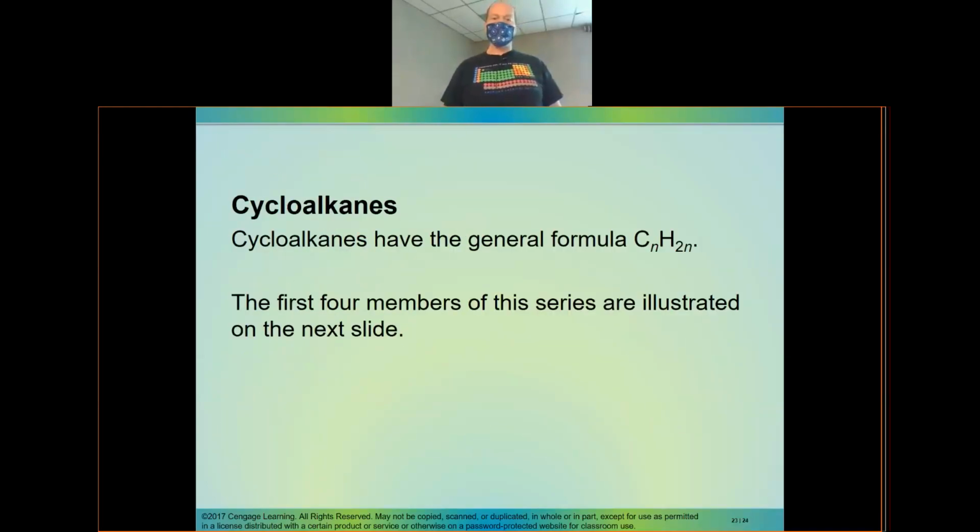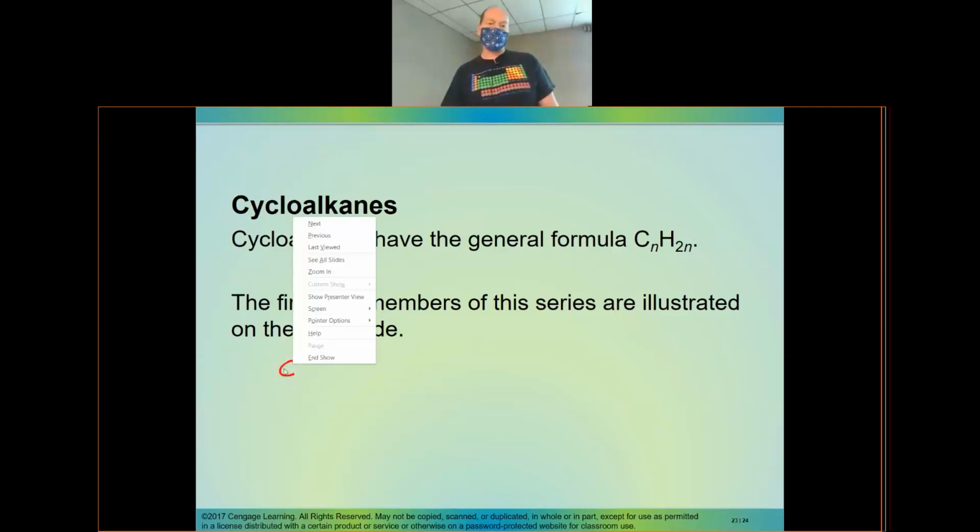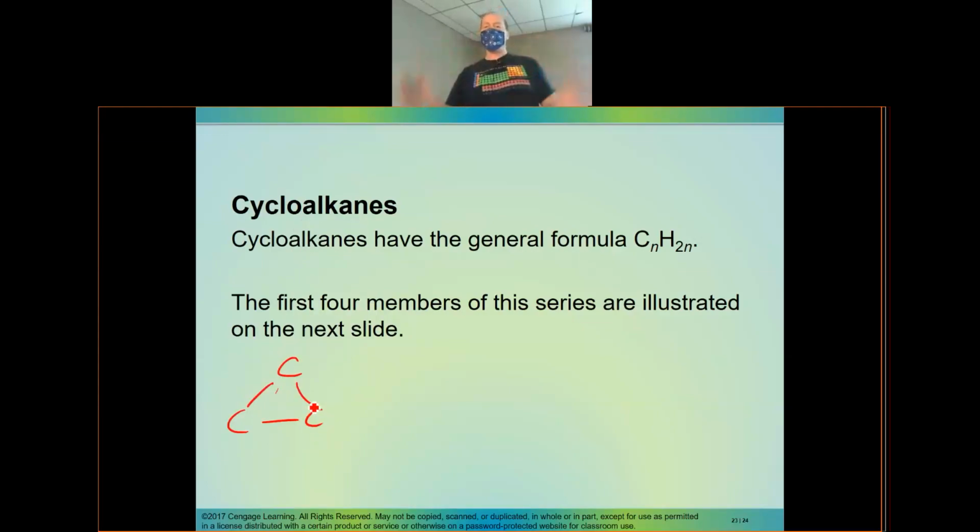All right, your cycloalkanes. In order to have a cycloalkane, to make a ring, you have to have a minimum of 3 carbons. You'd have a carbon bonded to a carbon, bonded to a carbon. To give everything 4 bonds, you would have 2 H's on each of these carbons.